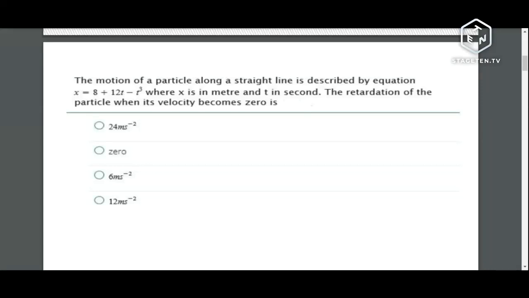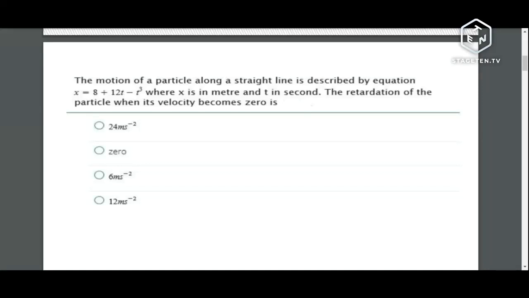Actually, the answer to this is 12 meter per second square. So let me tell you how you need to find this. You just need to find del x over del t first of all. That would be your velocity, that is 12 minus 3t square. Now you need to put v as 0, because in the question it says the retardation of the particle when its velocity becomes 0. So v should be 0.